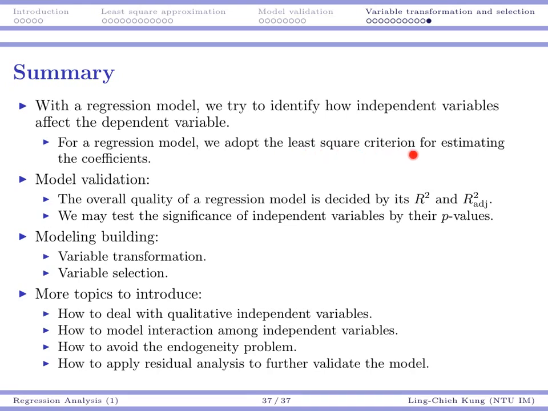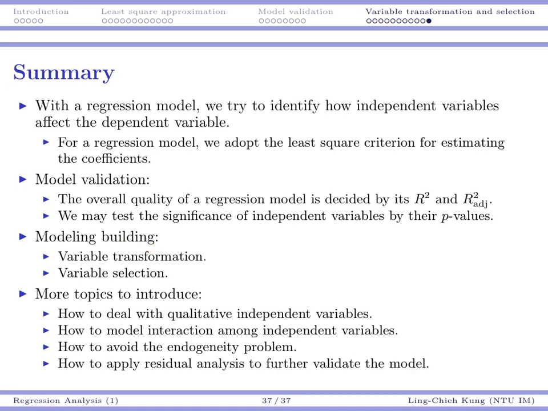It's least square approximation. We need to do model validation. The overall quality is measured by R-square and adjusted R-square. Please understand their meanings and know how to use them. We may test the significance of independent variables by their p-values. Small p-values means significant.